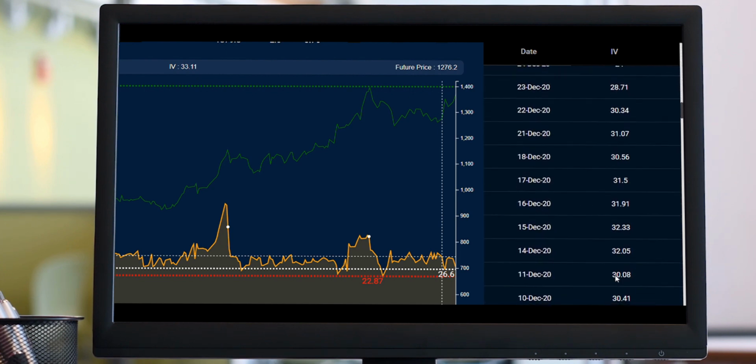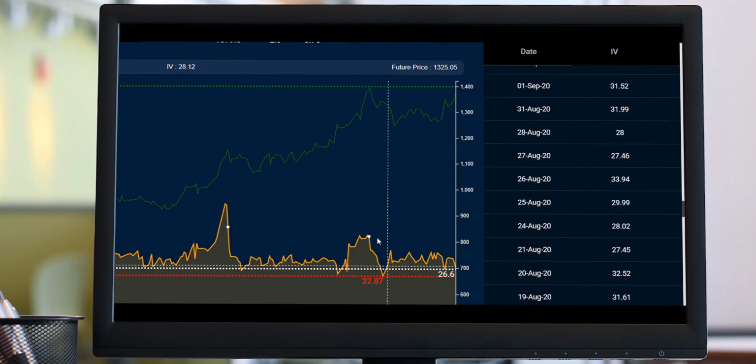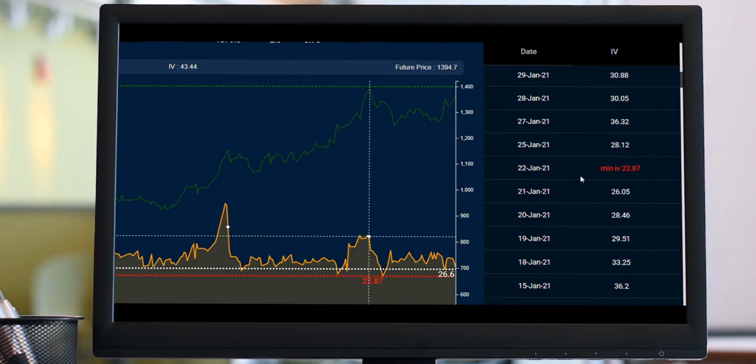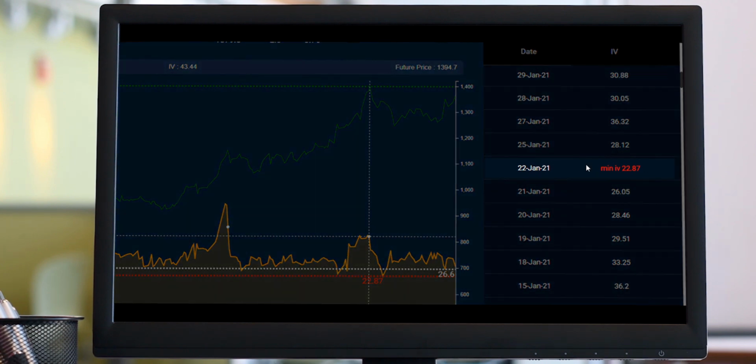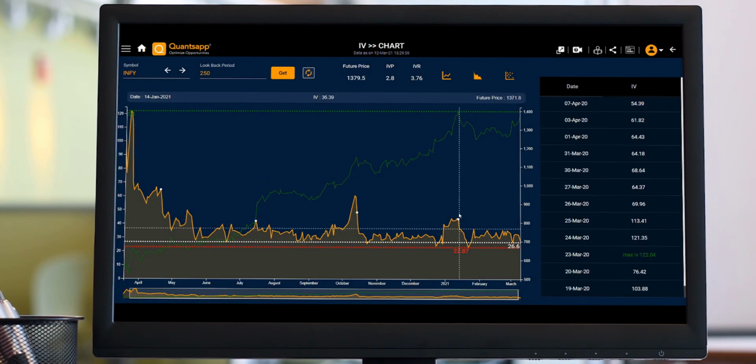Talking about the tabular view, I get to see that 22nd of Jan 21 was the minimum IV of Infosys. I can also see that the maximum IV in the last 250 days was 122, on 23rd of March 20.